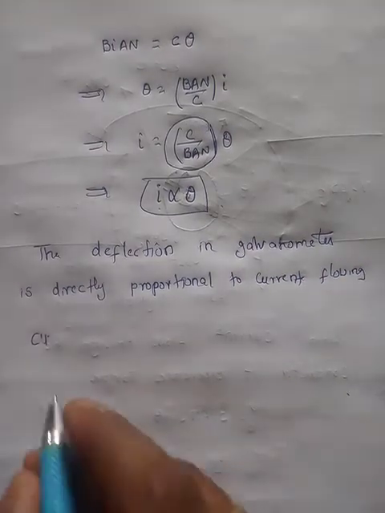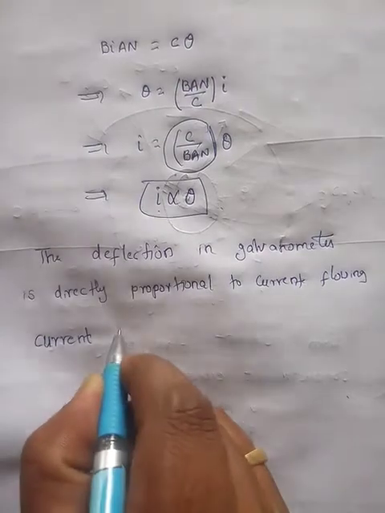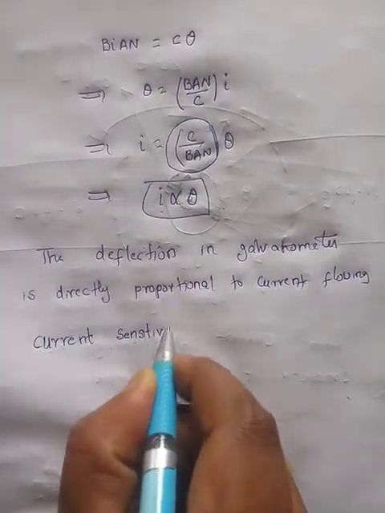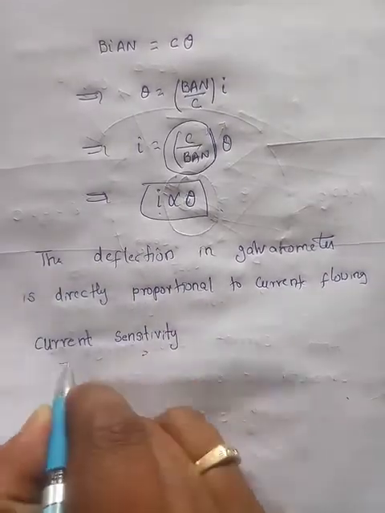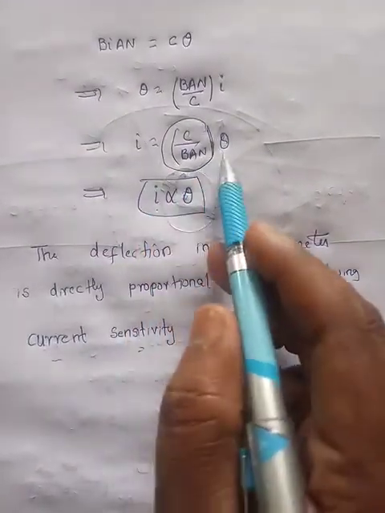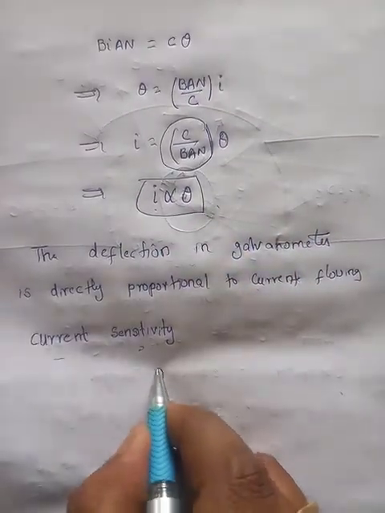From this we have two definitions. One is called current sensitivity. Here we got one equation: I equals C by BAN into theta. From that, if you send BAN there, what happens?